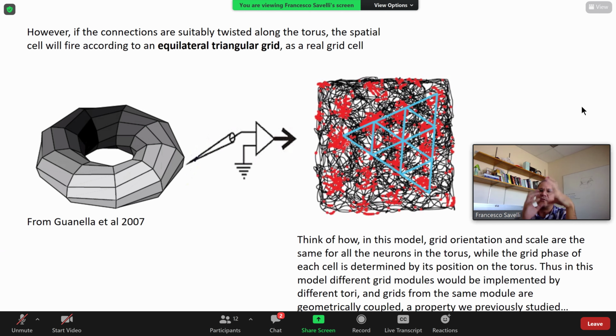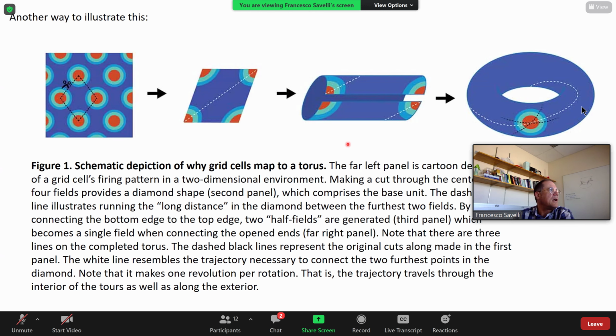This one I've just put here is just another way of seeing things. This starts from the grid. And so you say, okay, if we get the grid and you cut the unit base or repeating pattern like this, and you have this distance between the farthest fields here, now you can wrap it around in one direction, then in both directions. And now you see that the path from one field to another becomes a path that makes a revolution around the donut in both directions, right?